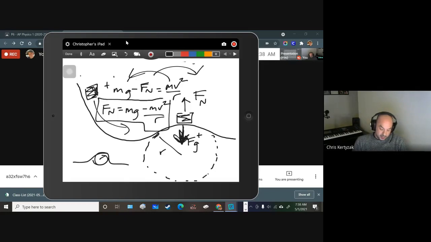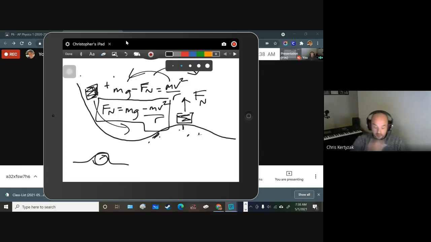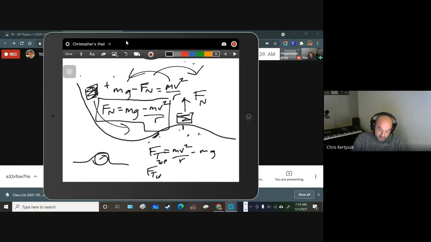Notice it's similar, but not quite the same as the other ones. For the loop-de-loop problems in the vertical plane, remember we had the tension at the top equals mv squared over r minus mg. The tension at the bottom equals mv squared over r plus mg, plus because there's always more tension at the bottom.